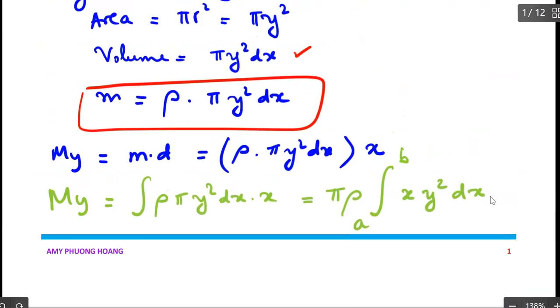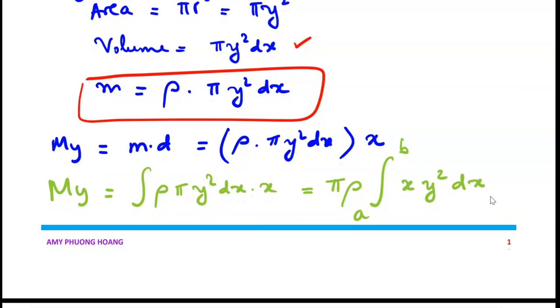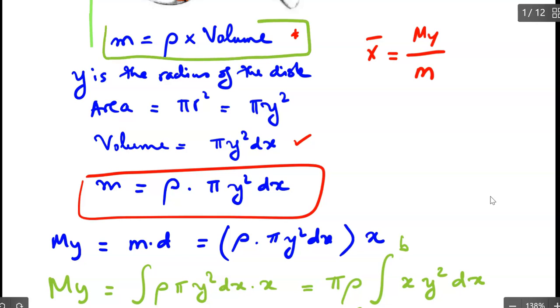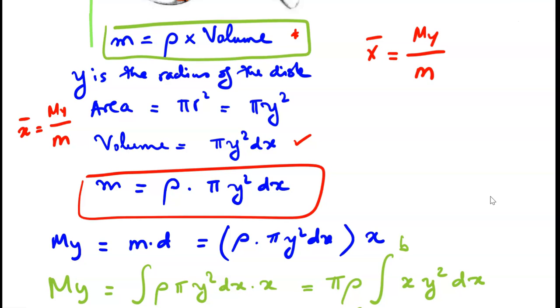So continue on with these formulas. I am going to ask everyone to remember that I identify mass as rho times volume. Let me write these formulas. The side here is x bar equal to My divided by the mass. I'm going to derive this mass for everyone in a second.